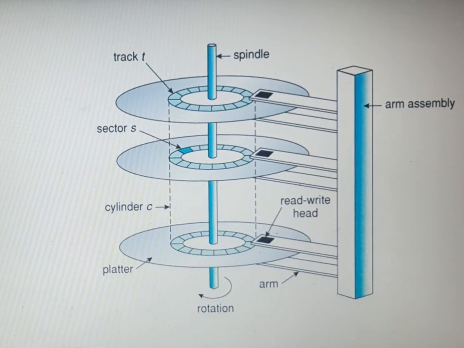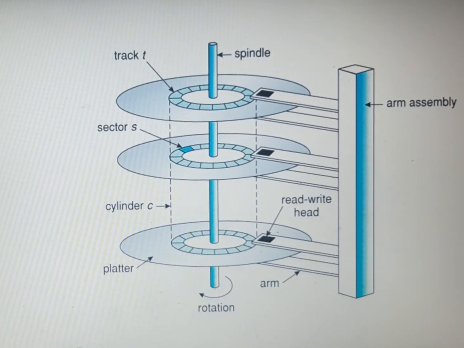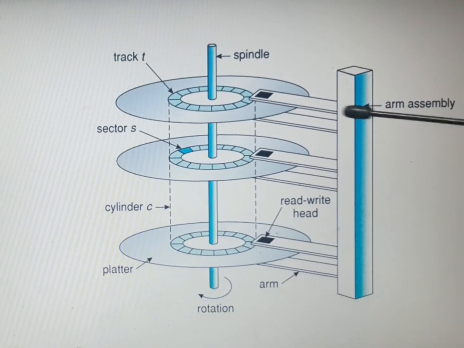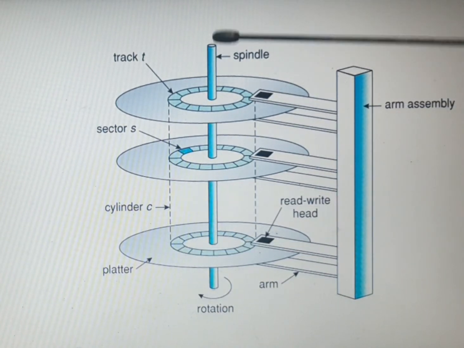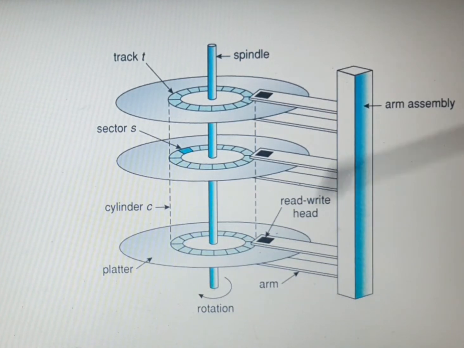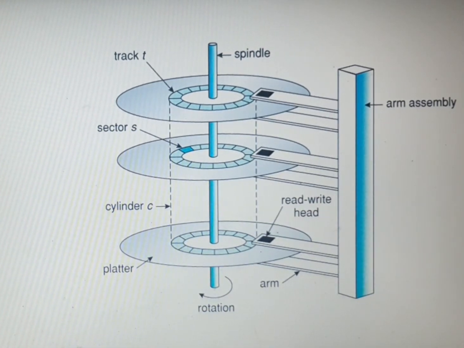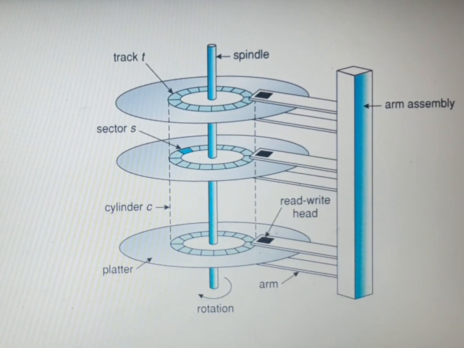The platters do not move by themselves, only the spindle rotates, and the read and write head moves forward and backward. Since the platter is attached to the spindle, the platter also rotates along with it. This is how the structure is.